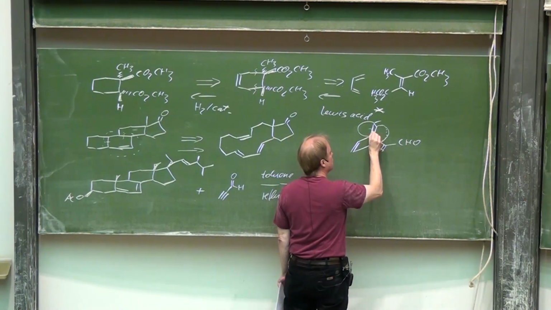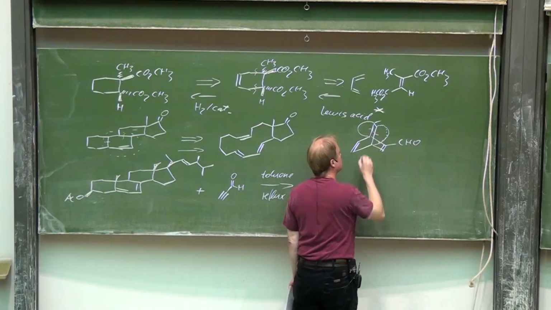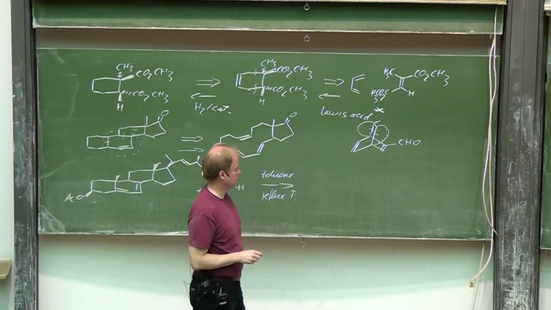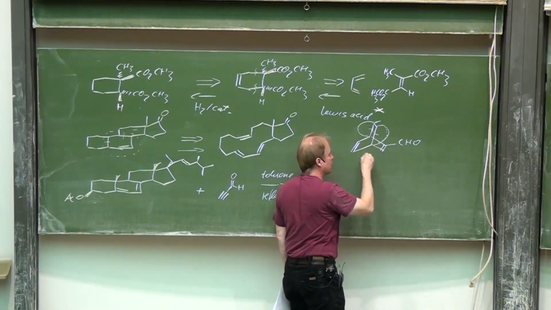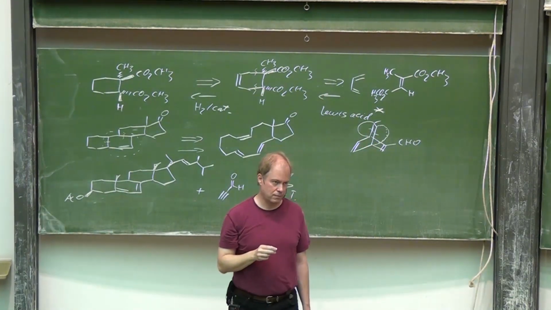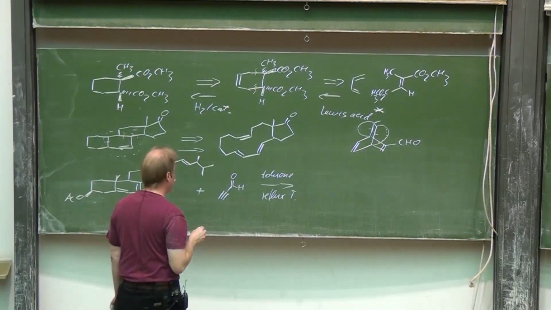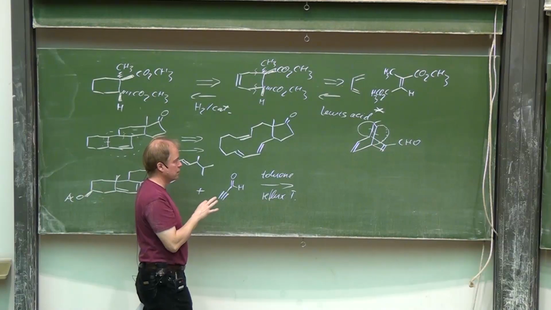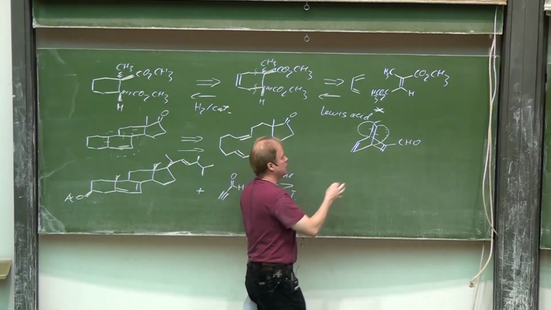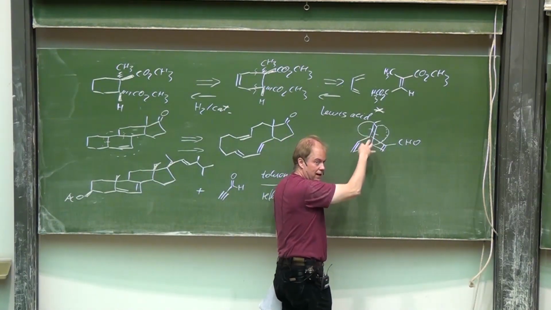And if you disconnect at these two bonds, then an olefin will be formed here and an aromatic system there. Under very moderate reaction conditions with a catalyst, we could isolate that.